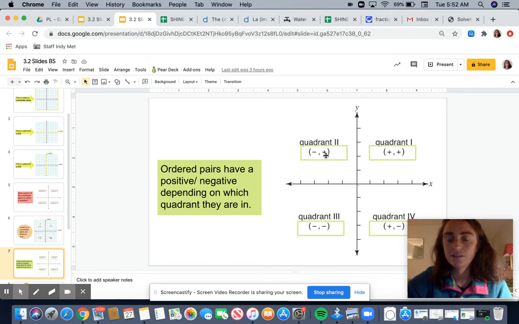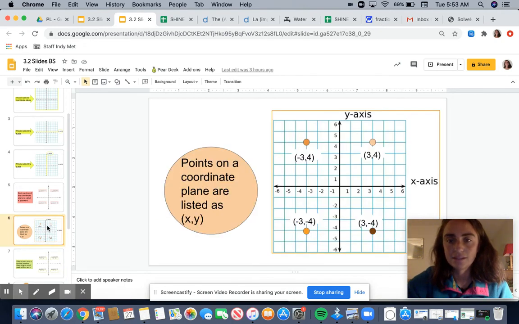In the second quadrant, this line is negative numbers, so it's going to start negative, but since it's up here on the positive y-axis, it'll be negative, positive. And you'll see it's negative, negative down here, and positive, negative over here. I'll show you this one again so you can see. Positive, positive, negative, positive, negative, negative, positive, negative.